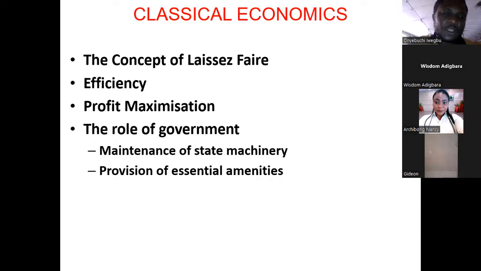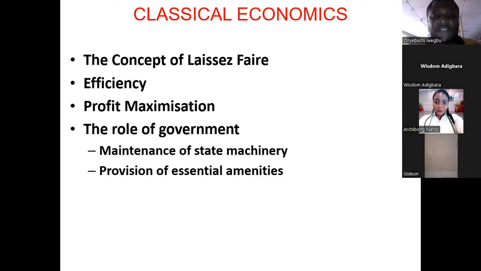University of Lagos, UI, OAU, and all of those schools are being managed by the government. And then we still have private universities, Covenant, Babcock, Bells, Redeemers, that are being managed by the private sector.